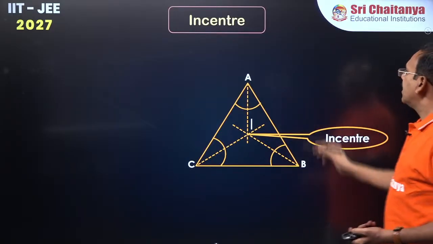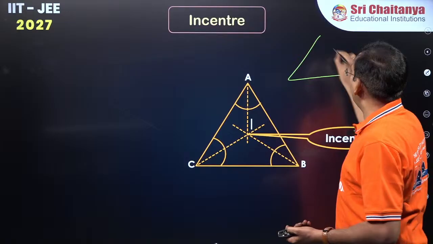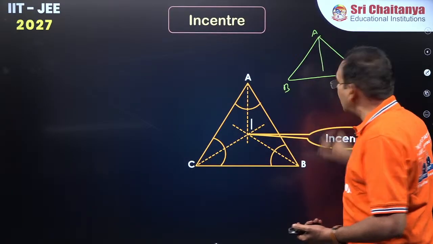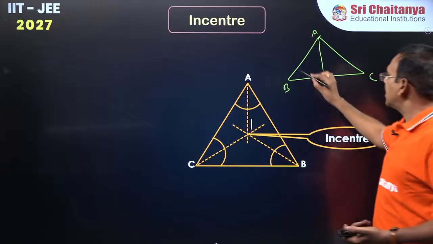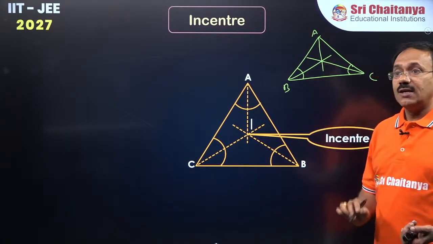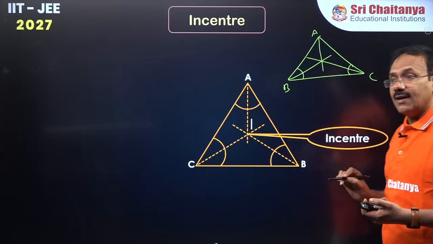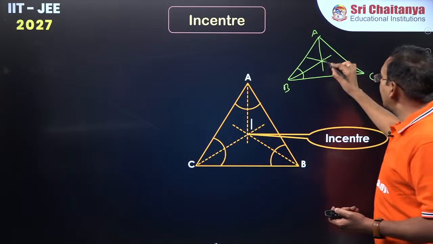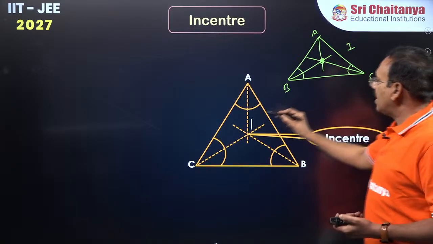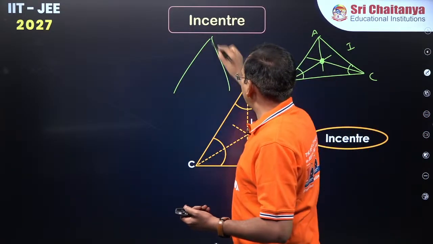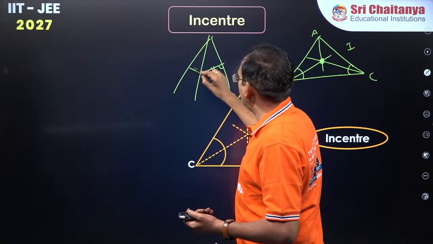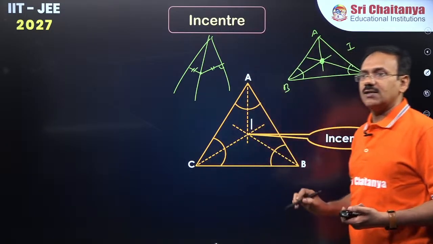Listen to me. Incenter means in triangle ABC, you just drop the internal angular bisectors. This is the second internal angular bisector. This is the third internal angular bisector. All three internal angular bisectors are concurrent at a point called the incenter. Any point on an angular bisector is such that the perpendiculars dropped onto the two sides will be equal, by congruency of triangles.